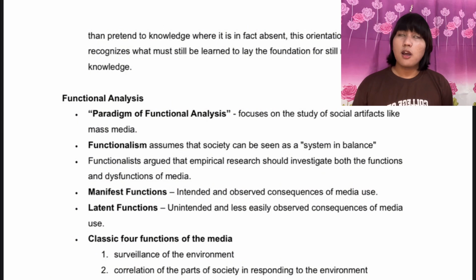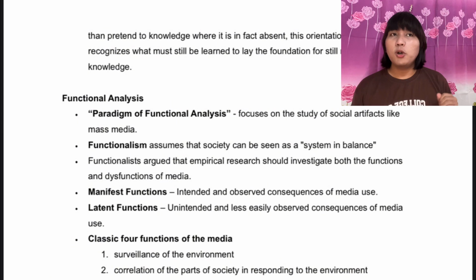Merton distinguished manifest functions as intended and observed consequences of media use. It is simply the observable effects of the media, and latent functions, which are the unintended and less easily observed consequences of media use. This approach was widely adopted in mass communication studies during the late 1950s and 1960s.